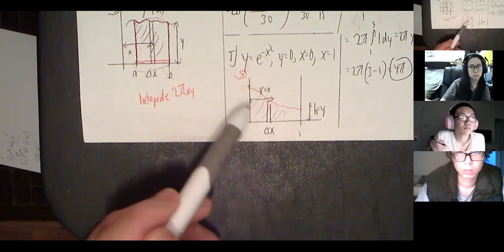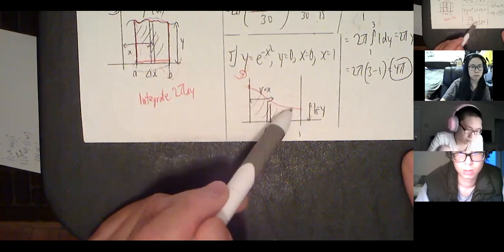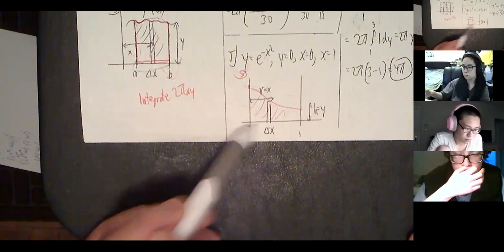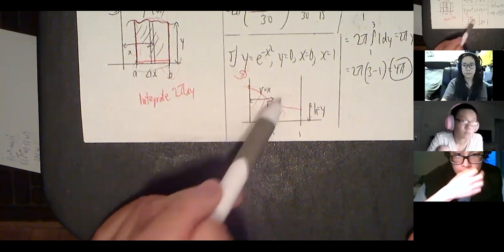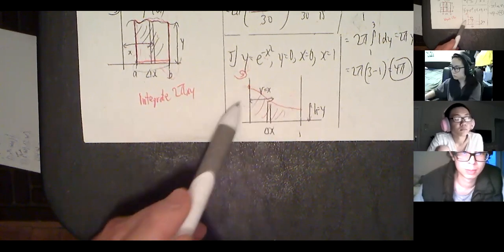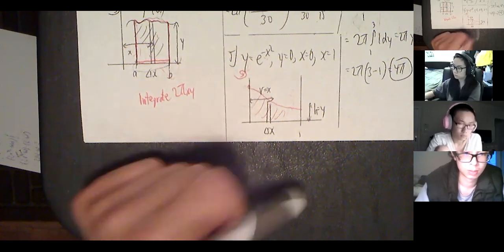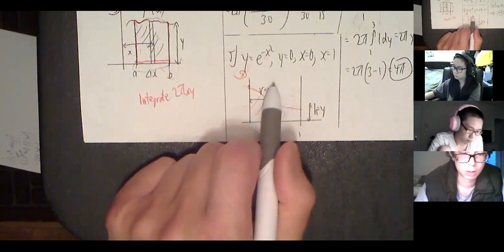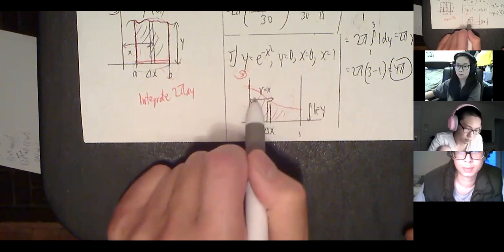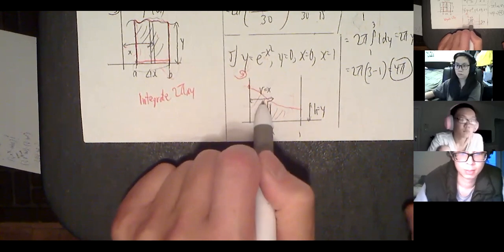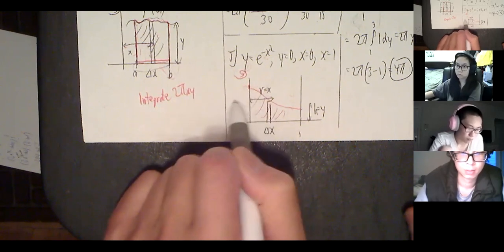Okay, so the region bounded by e to the negative x squared, y equals 0 and x equals 0, that's the x and y axes, and x equals 1. So we're taking this thing and spinning it about the y-axis, and you have y as a function of x, again. Now, if I change this to x as a function of y, I'd be doing the disk method.